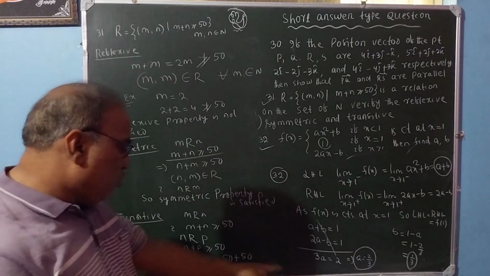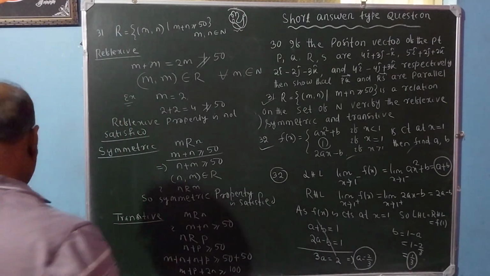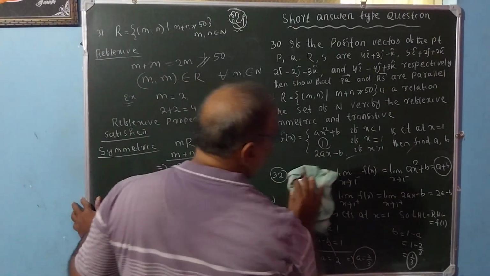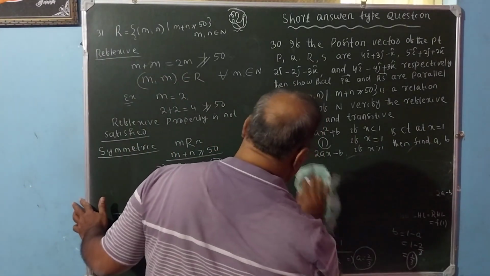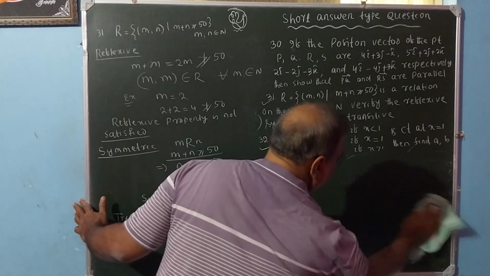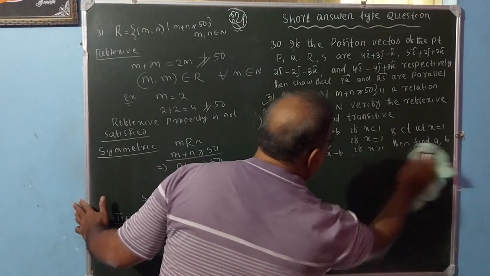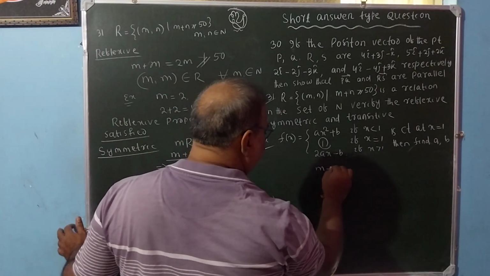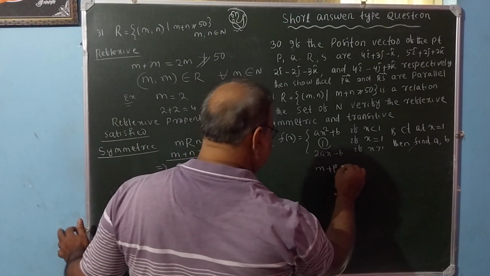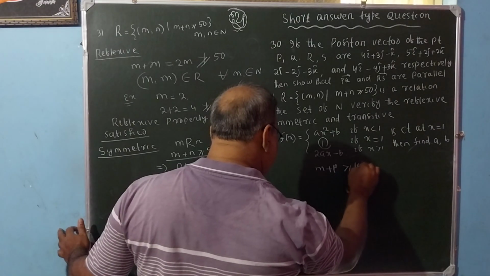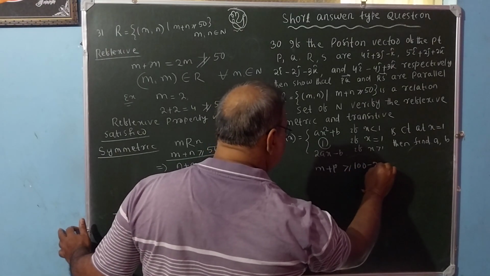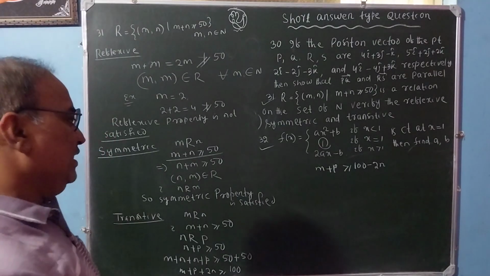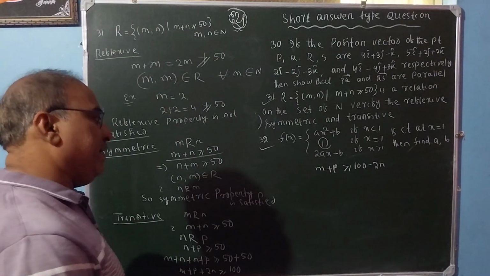So 2n will go to that side: m plus p is greater than or equal to 100 minus 2n.